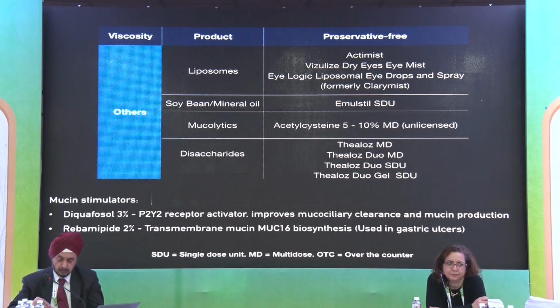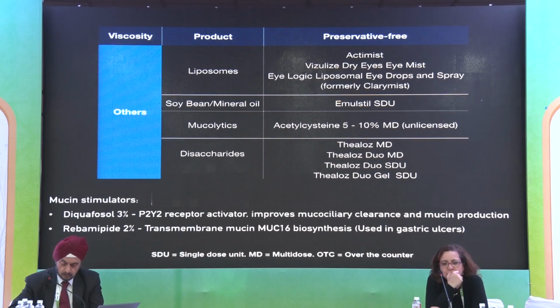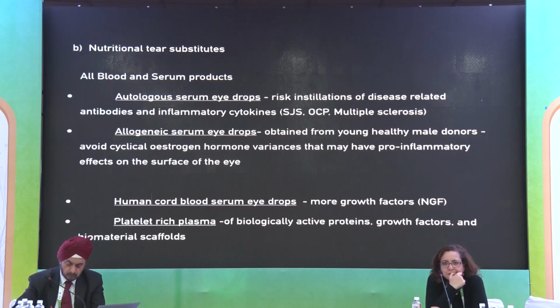There are certain mucin stimulators as well, like diquafosol, which is a 3% product, and it helps in mucociliary clearance and also improves mucin production. And another drug which improves mucin production is rebamipide. It has not been licensed in neurotrophic keratopathy, but in allergic eye diseases, it has been shown to be effective.